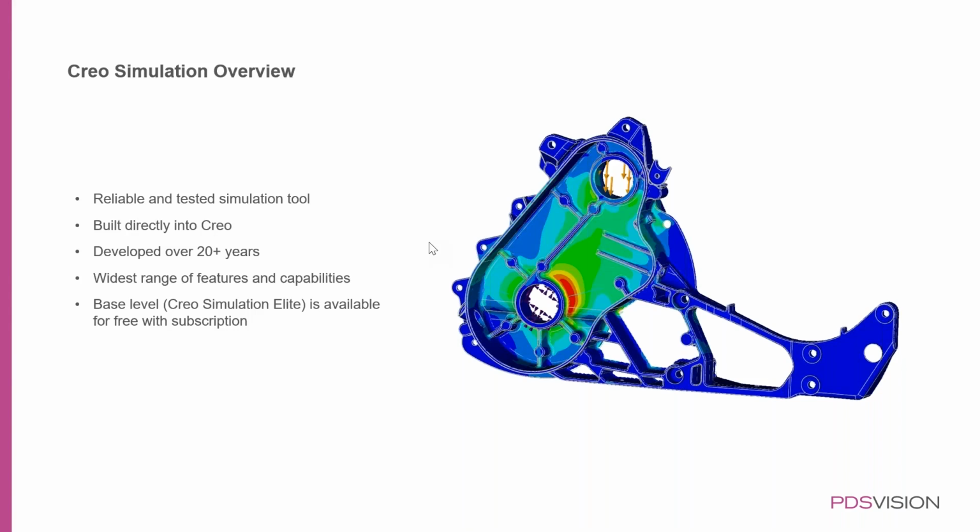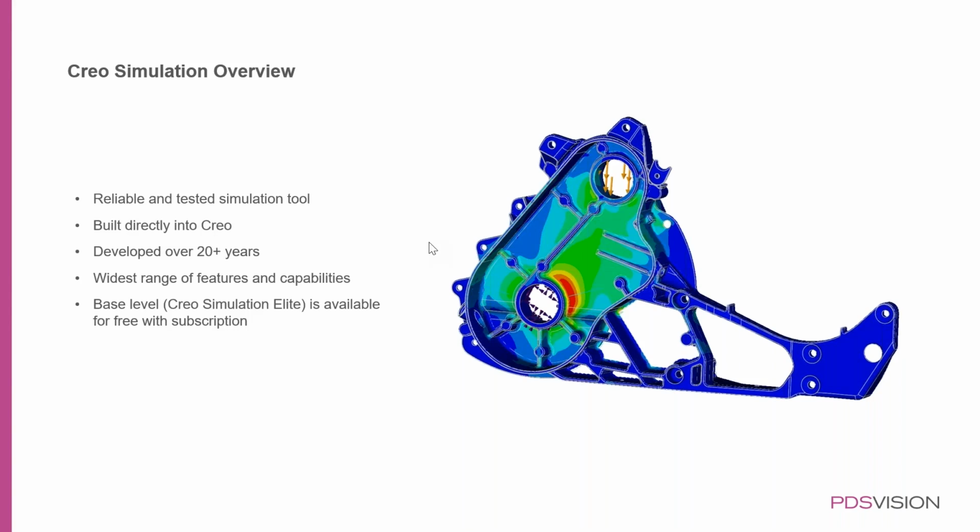This is a simulation tool that has been around for over 20 years. I think it's close to 30, but under a different name. It was released as Pro Mechanica. It's gone through evolutions. It's now Creo Simulate. This is a reliable and tested, tried and true simulation tool. The results are going to be very accurate for the most part.